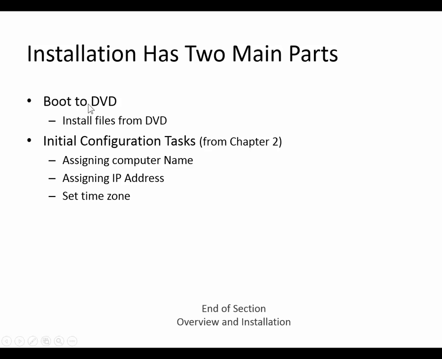The first part is simply booting to the DVD and copying all the files from the DVD to the hard disk. Then you reboot, and then you perform the initial configuration tasks, which includes assigning a computer name, assigning an IP address, and setting the time zone. And this concludes our section on overview and installation.